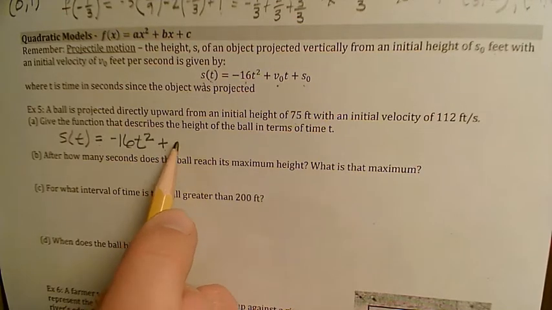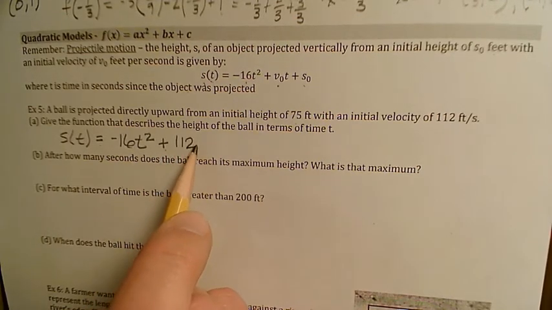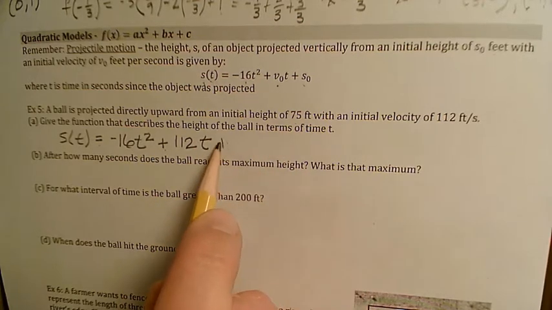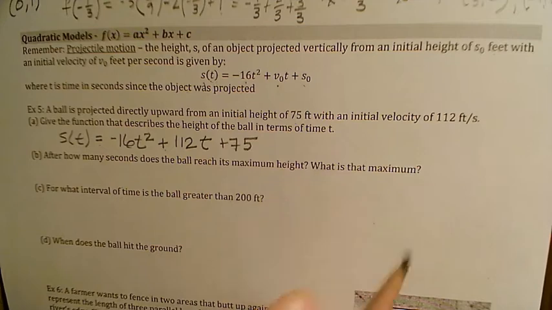So it's plus 112 t, and then the height of 75, so plus 75. That is the function that defines, in this particular situation, the height of the object at time t.